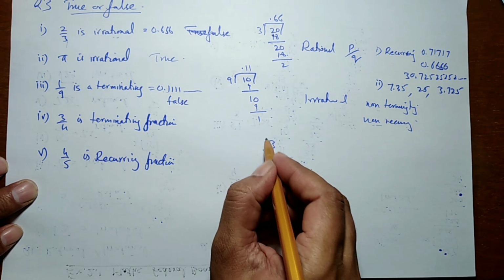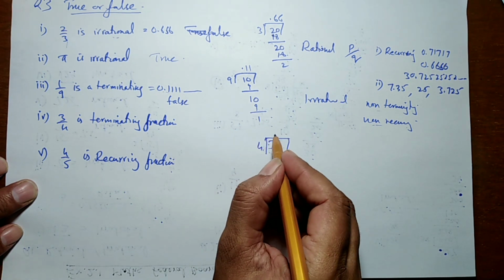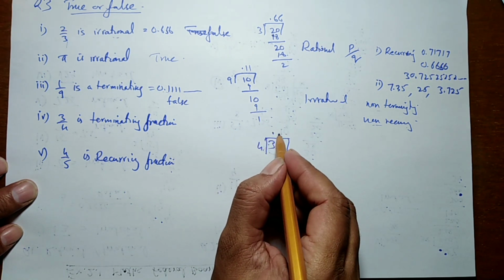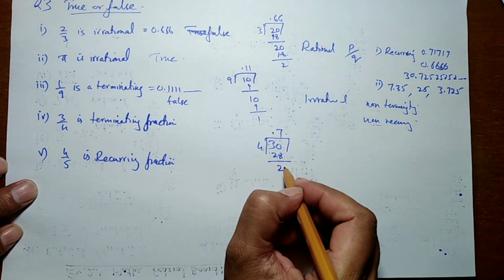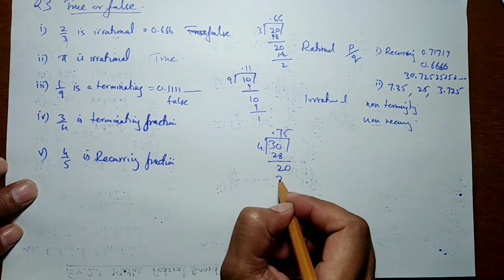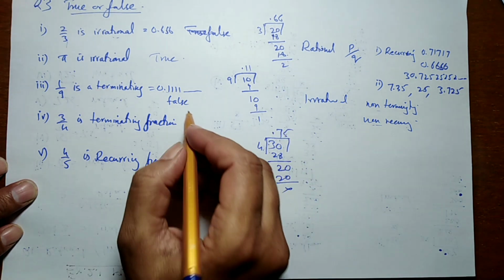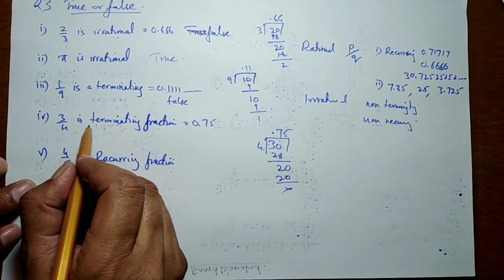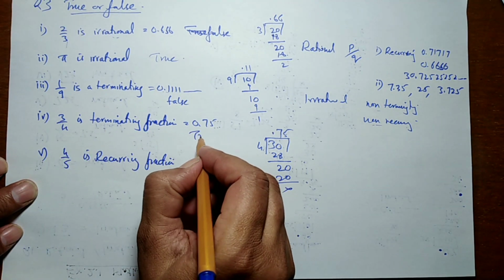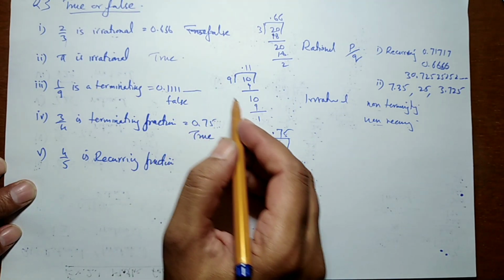3/4. 3 divided by 4. 4 7s are 28. 2 is the remainder. Just introduce 0 here. 4 5s are 20. So the answer is 0.75. The statement says 3/4 is a terminating fraction. So it's true, right?